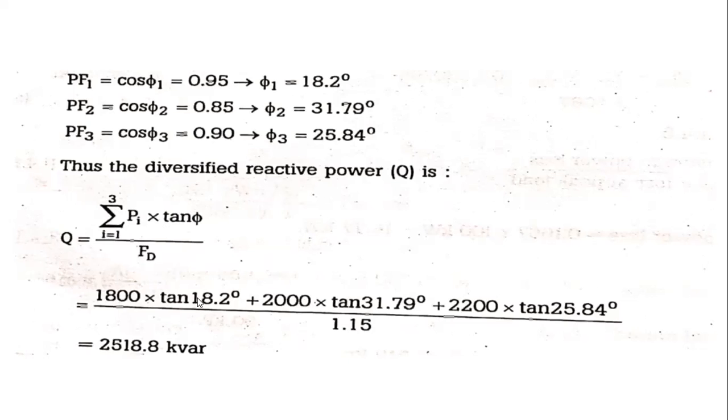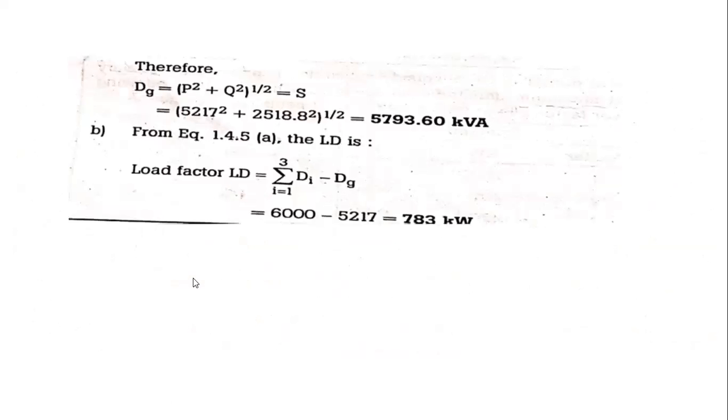Therefore, 1800 into tan of phi 1, that is 18.2 degrees, plus 2000 into tan of phi 2, that is 31.79 degrees, plus 2200 into tan of phi 3, that is 25.84 degrees, by diversity factor. The diversity factor is 1.15. Okay, this is the reactive power.